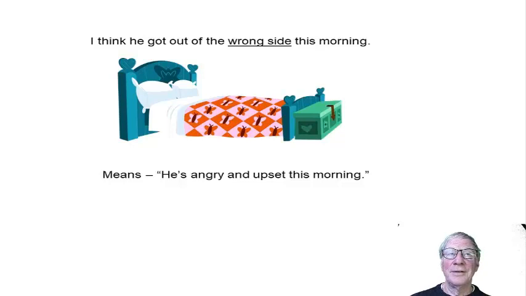If you say, I think he got out of the wrong side this morning, it means he's angry and upset. It's not literally true, but if you always get out on one side, getting out on the other means you wake up angry and upset.